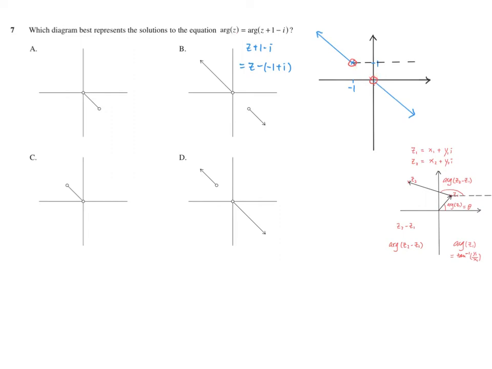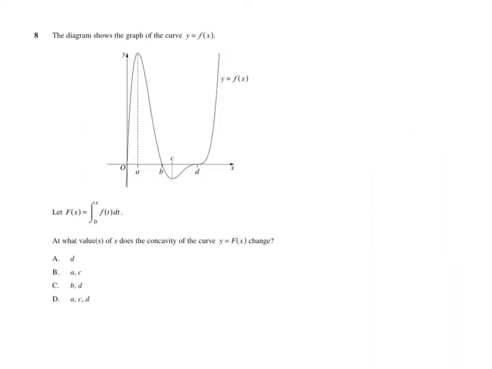How about if I take Z from this part of the straight line, say here? It is okay, because the argument of Z is this angle. It is measured in a clockwise direction, therefore it is a negative value. But the argument of Z minus 1 plus i is also a negative value, and these two arguments are equal. This part of the straight line is okay, therefore the answer is D.